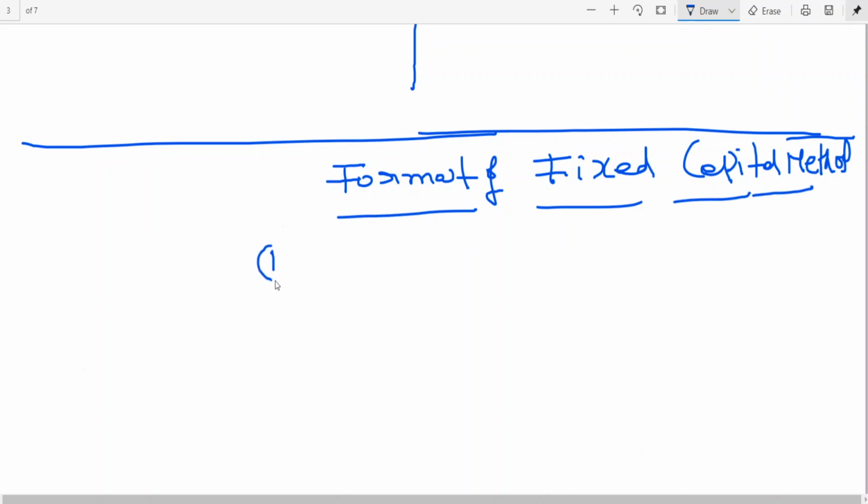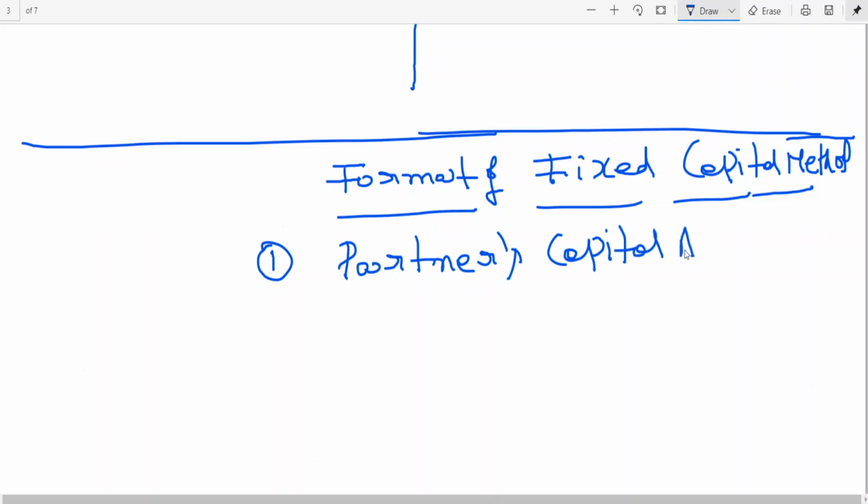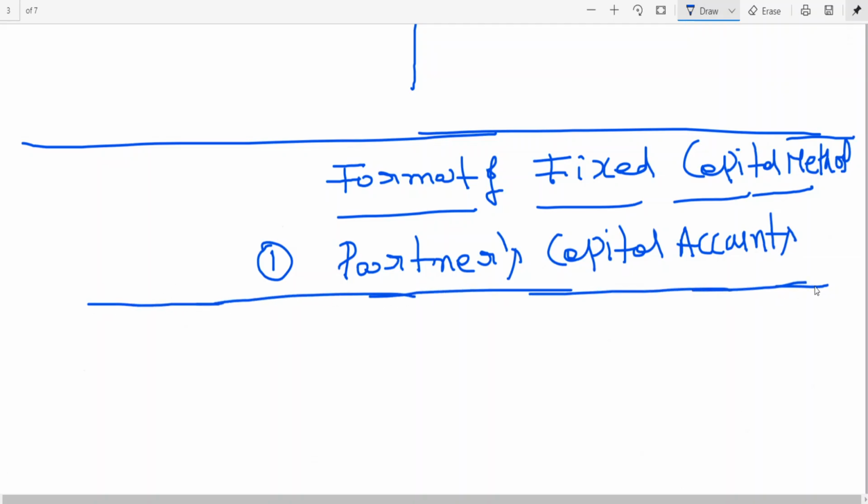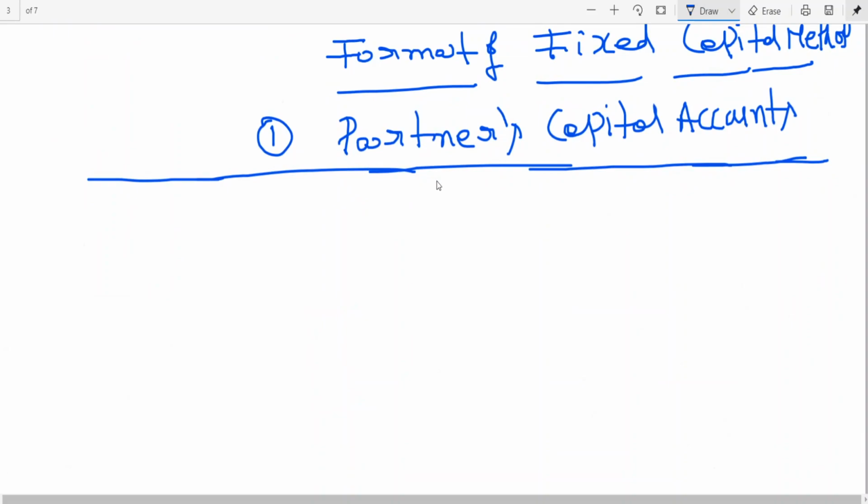In that, you will first open the partner's capital account. First we write by balance brought down.